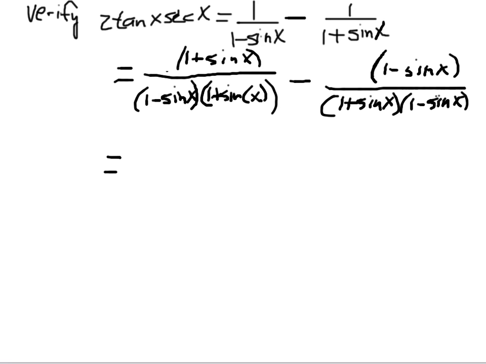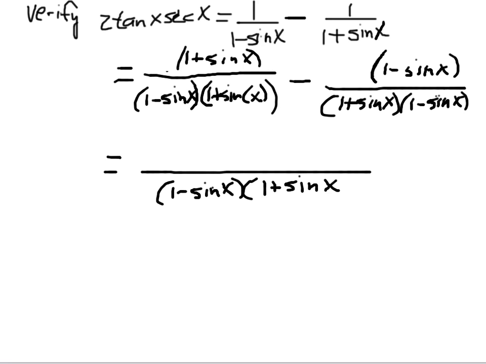So now let's combine this into one single fraction. The common denominator stays the same as the two fractions above. So I still have my 1 minus sine of x and 1 plus the sine of x. And now let's see what happens to my numerator. On the left here, 1 plus the sine of x minus, now I've got to distribute this negative sign, minus 1 minus a negative sign is plus sine x.